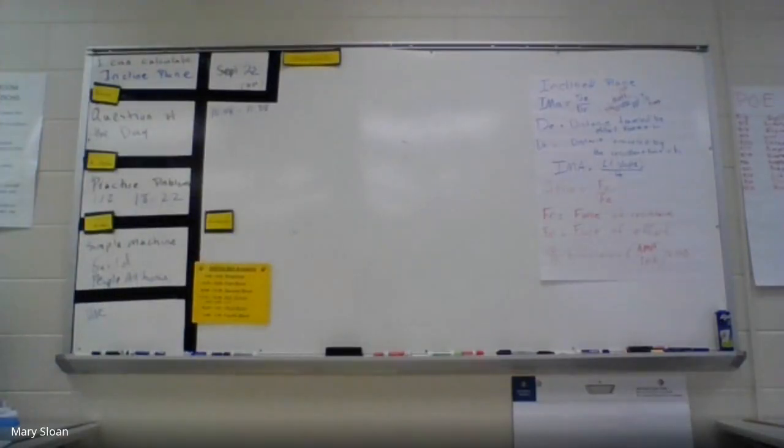All these are the same, right? IMA and AMA are the same, but we're using different numbers to find them. And if it's talking about an incline plane, we are using these formulas.